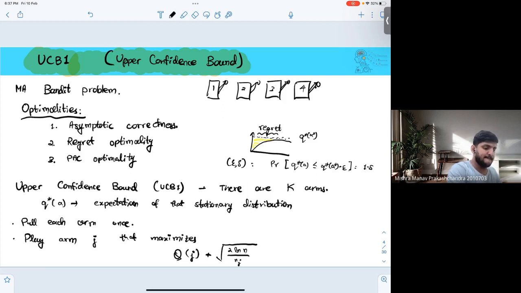Okay, so all I'm looking for is the argmax over J belonging to the action space that maximizes this quantity.